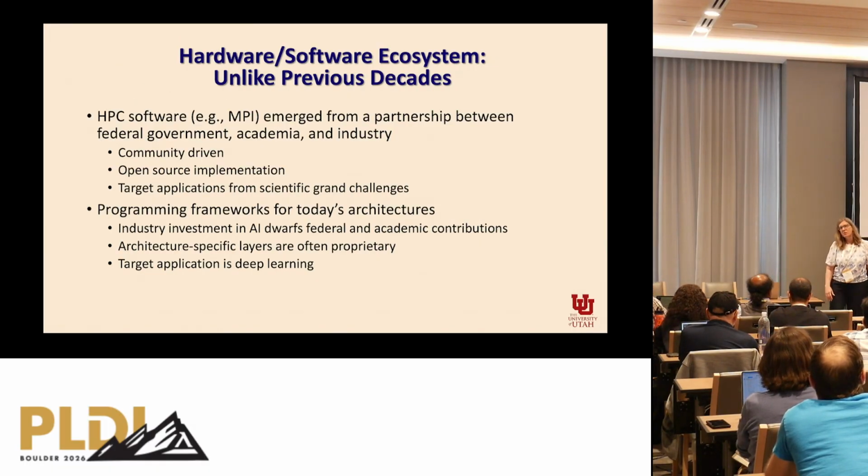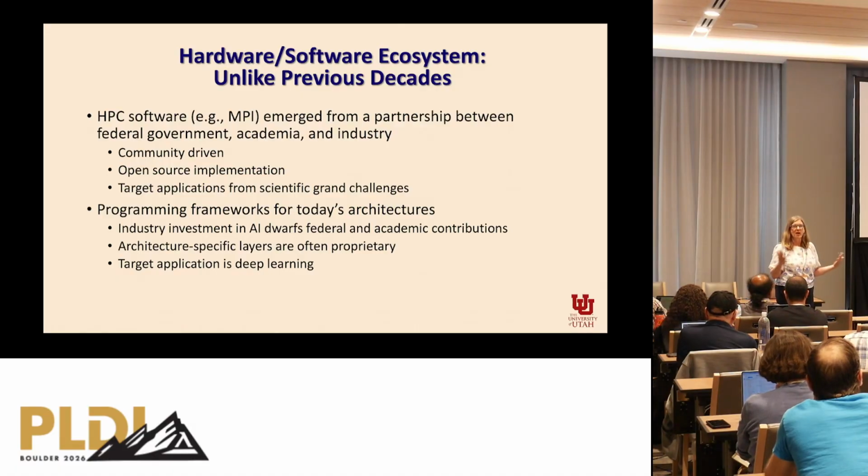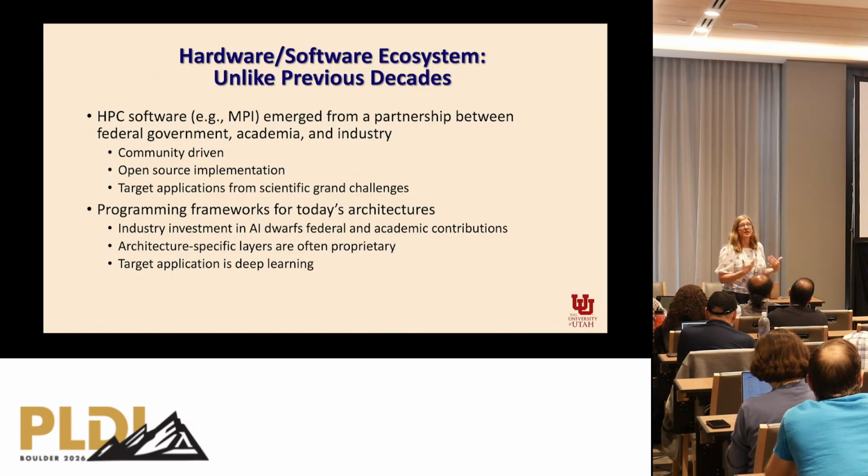And I also want to say that this ecosystem that we are building right now is unlike previous decades. I've been through a lot of decades of Bell's Law, and this is very different. In the past, something like MPI, for example, was a community effort.